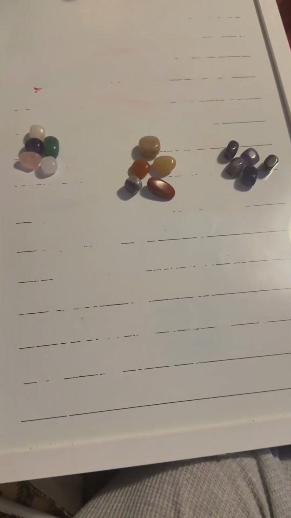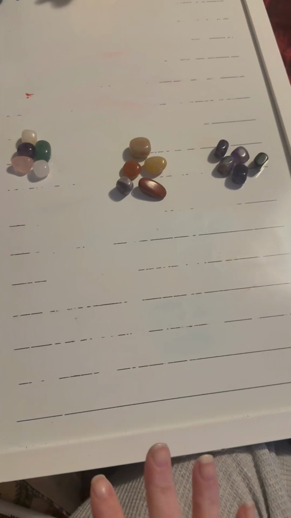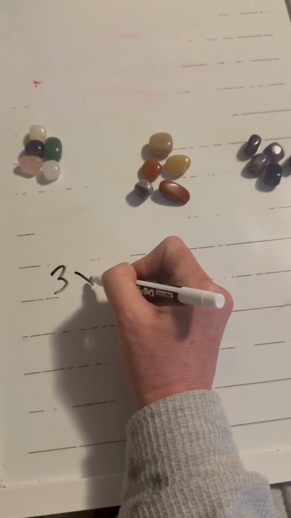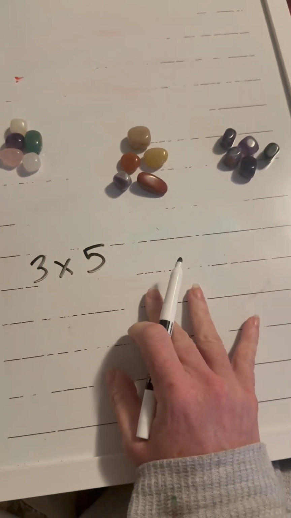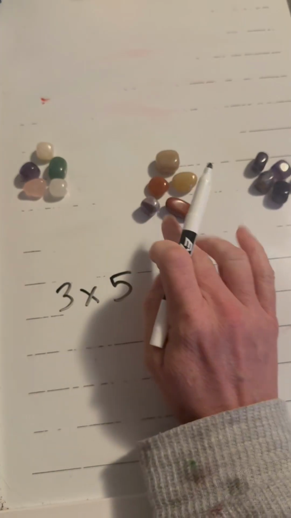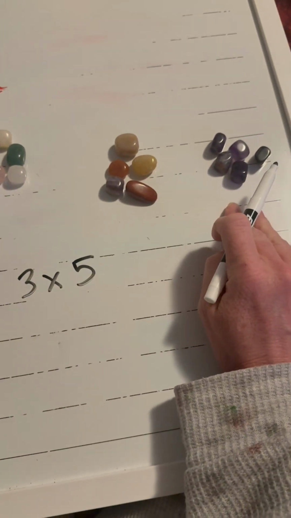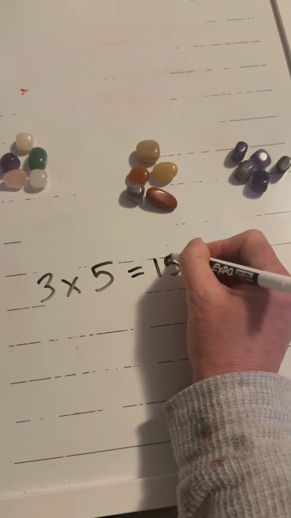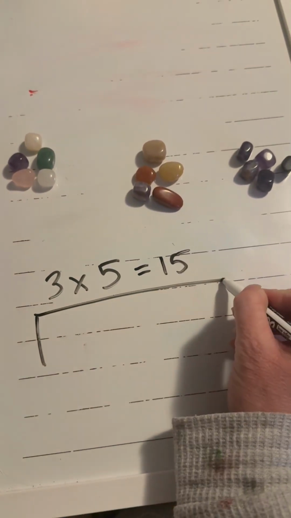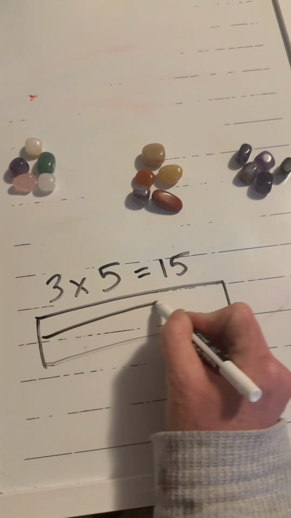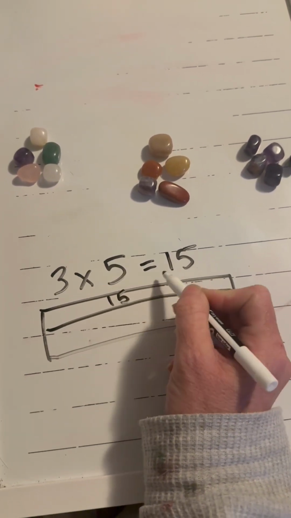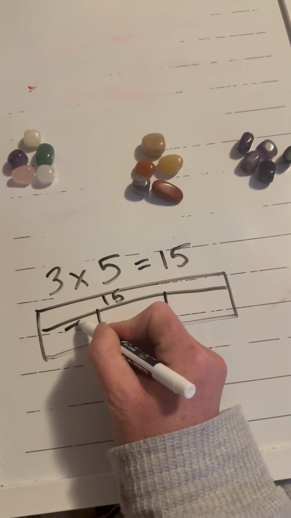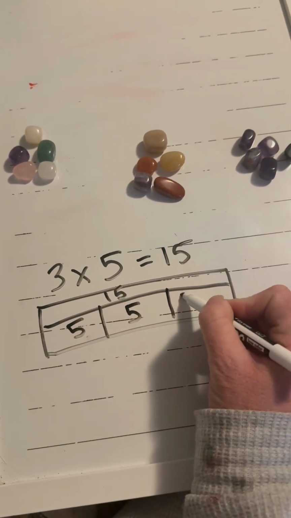Now, we can also use this bar when we're thinking about multiplication. So you remember how when we're thinking about 3 times 5, what we're actually talking about is 3 groups with 5 items in each group. So 3 times 5 is 15. And what that looks like in our bar, we know the total is 15, the whole amount, and we've got 3 equal groups that have 5 in each.